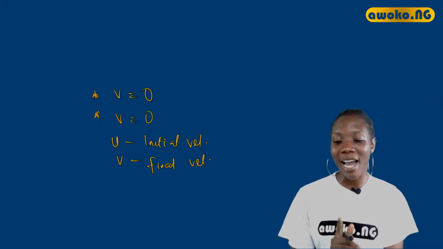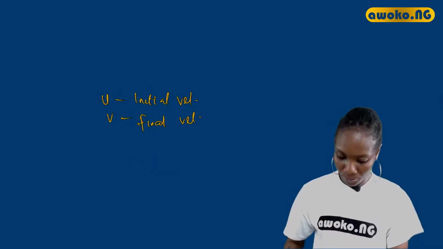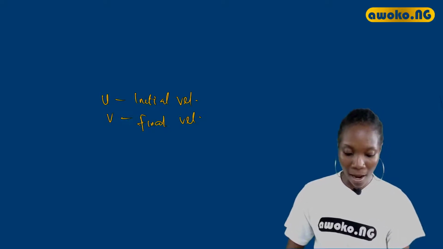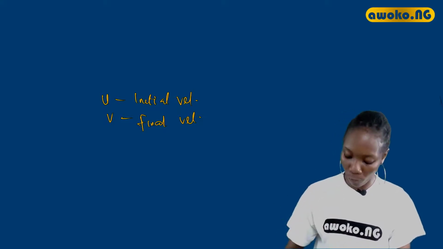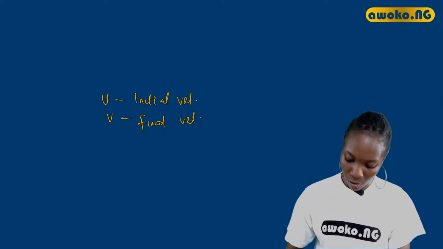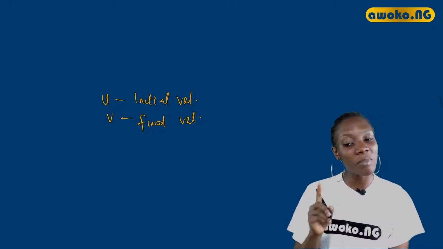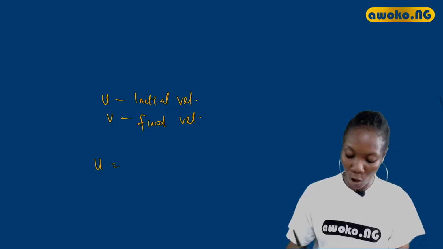So we are going to take an example to illustrate all that we've said. Let's take this question. If a car moving at a velocity of 20 meters per second, now the car is moving at a velocity, meaning its initial velocity is 20 meters per second.